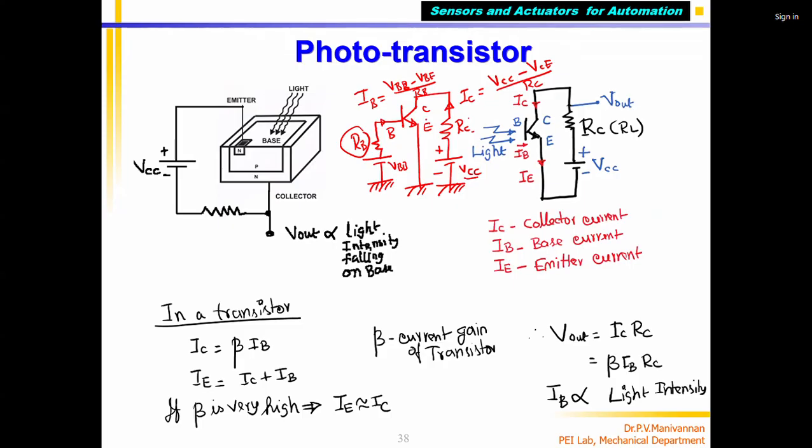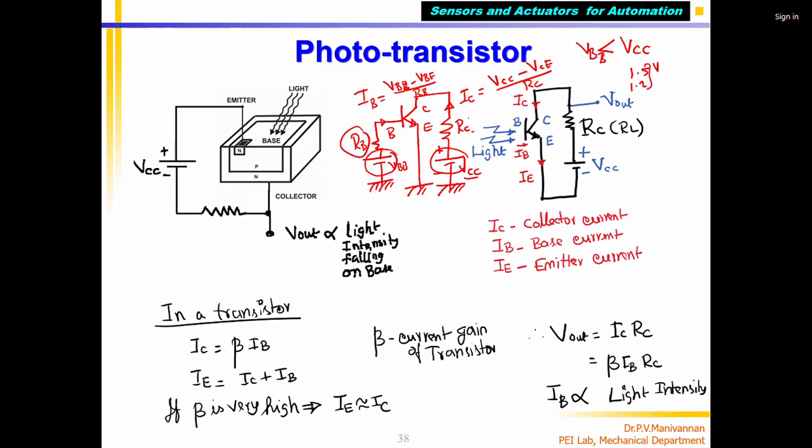Okay. So this is called a regular transistor. It has collector, emitter and base, for which I need to supply 2 power supplies. One is base voltage, the other one is collector voltage. Again, we should know that VBB should be smaller than VCC. How much? 1.2 to 1.5 volts. It should be lesser.